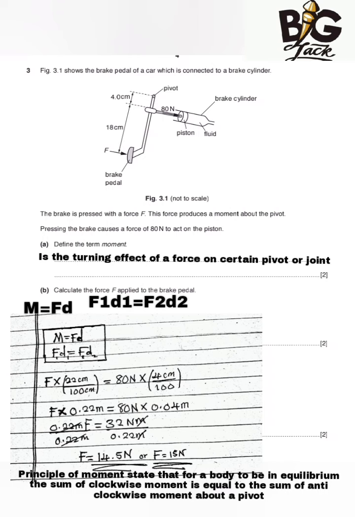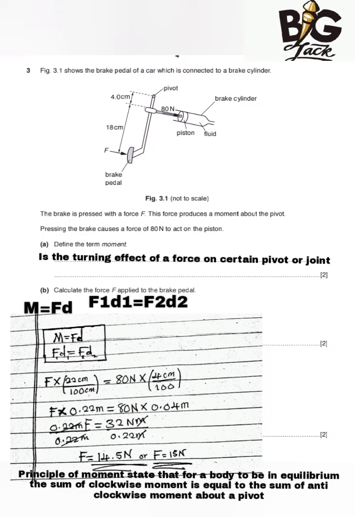This equals the 8 newtons, which is force 2, multiplied by the distance from the pivot to where the 8 newtons is acting, which is 4 centimeters. We need to convert this one too: 4 divided by 100 gives 0.04, multiplied by 80 newtons gives 32 newton meters.